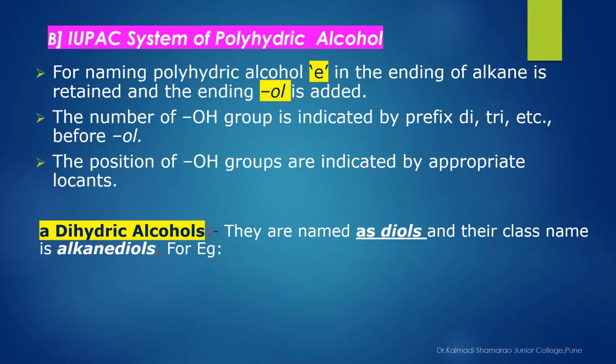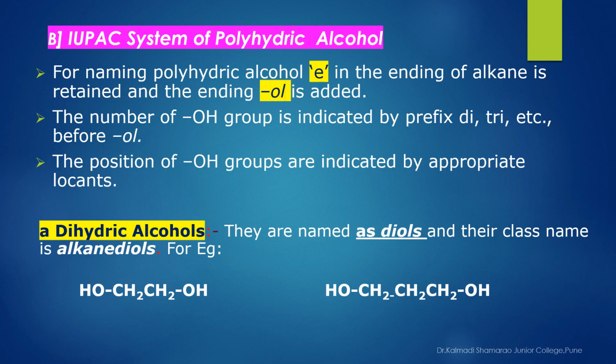Dihydric alcohols are named as diols, and their class name is alkane diols. For example, CH2OH CH2OH, and second one CH2OH CH2 CH2OH. When we go for the numbering of these compounds, the numbering comes out as 1, 2, and 1, 2, 3.